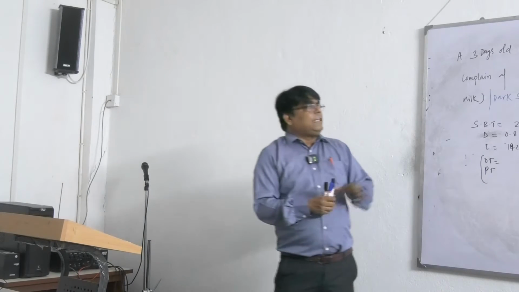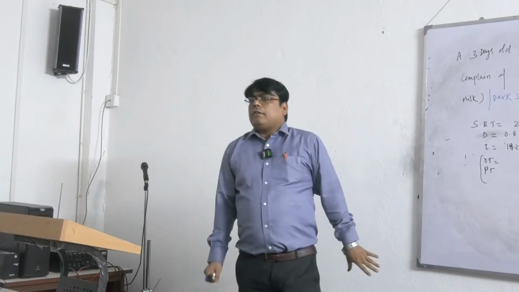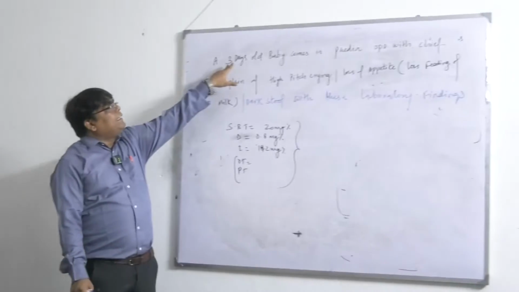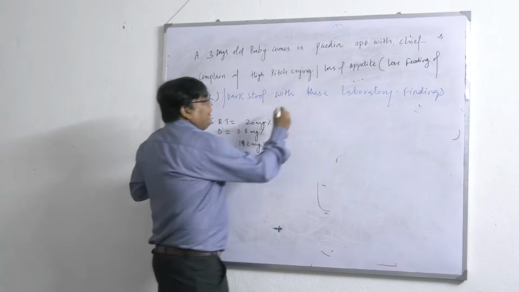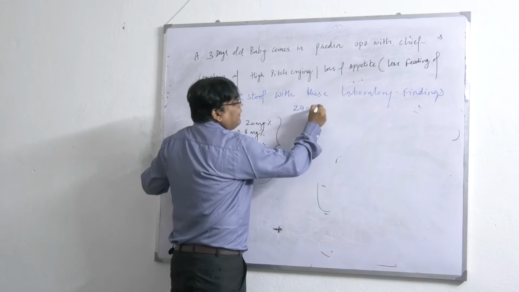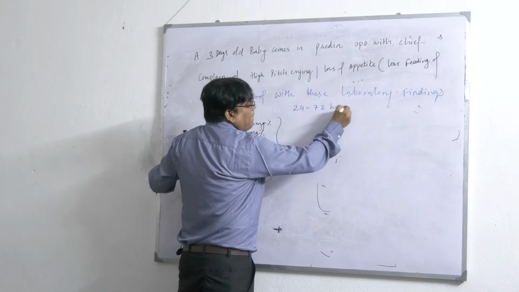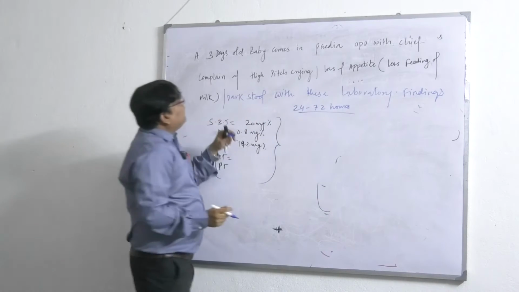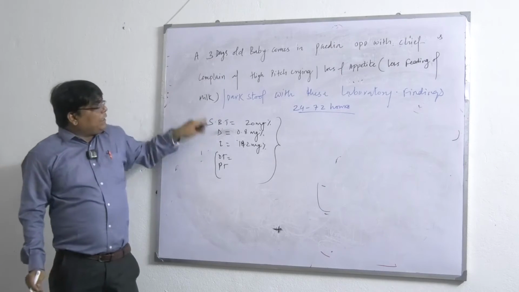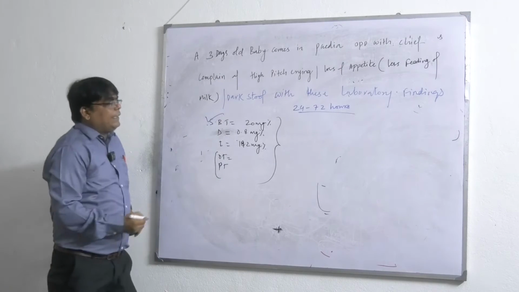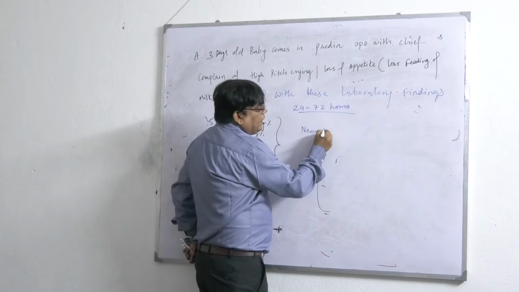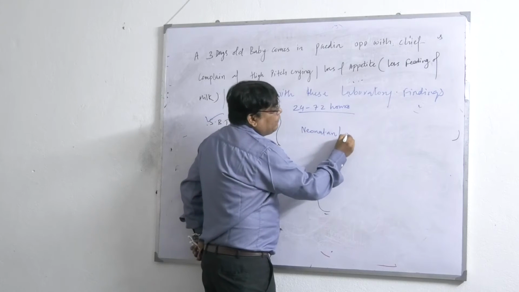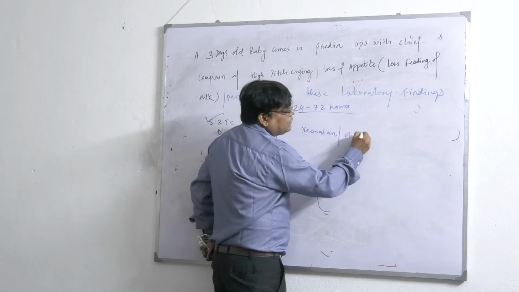Actually, if a case comes in your exam, firstly you see the child's age. It is 3 days. It happens between 24 hours to 72 hours. A 3-day-old baby with high bilirubin level is a clear case of neonatal physiological jaundice.